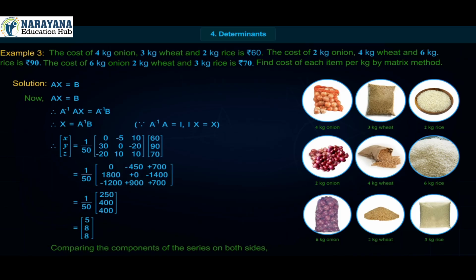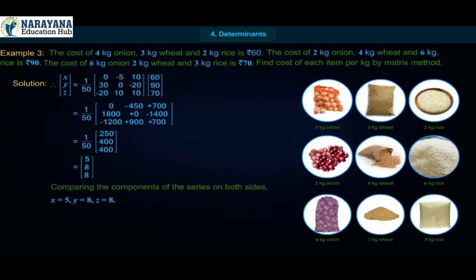Comparing the components on both sides, x is equal to 5, y is equal to 8, z is equal to 8.